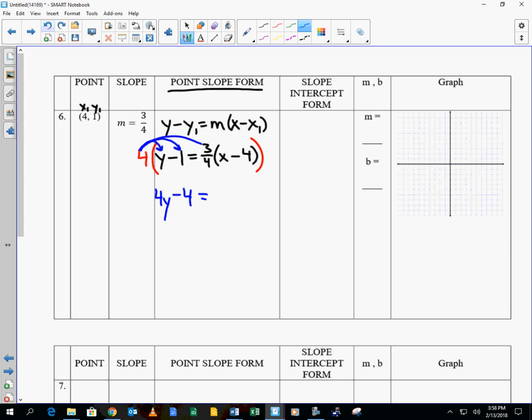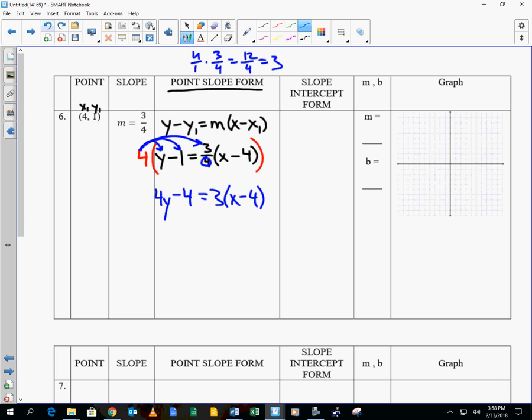We got 4 times 3 is 12, divided by 4 is 3. Okay, that's how you multiply that. That's 4 over 1 times 3 over 4, or 12 over 4, which is 3, times x minus 4.